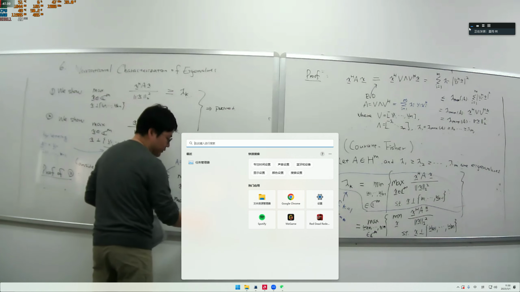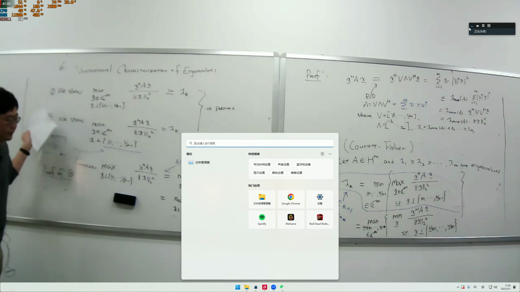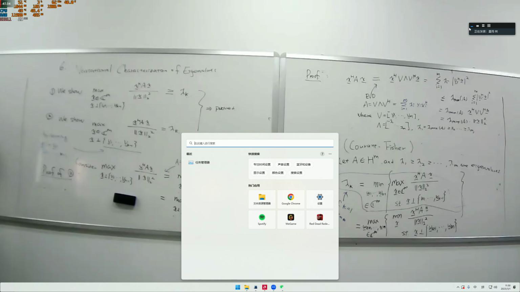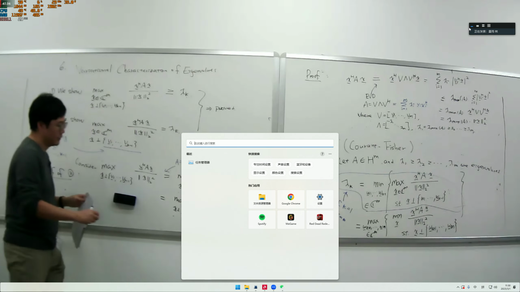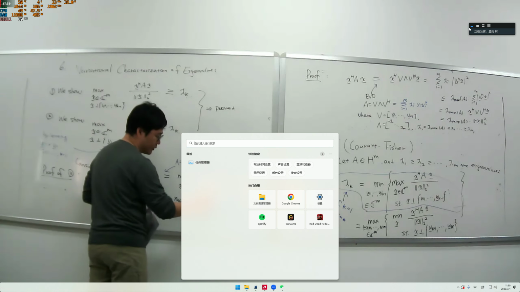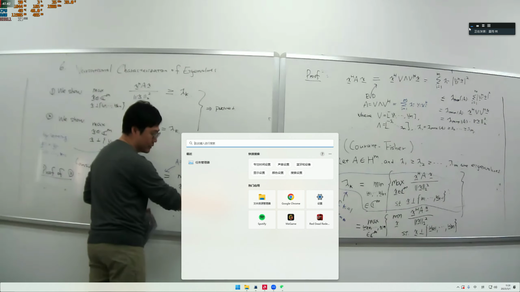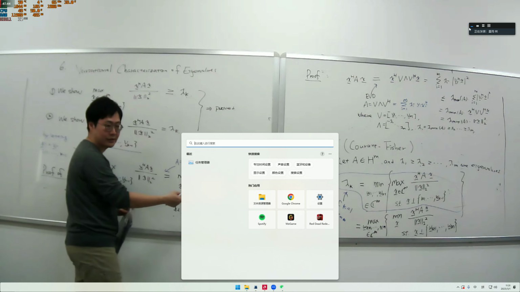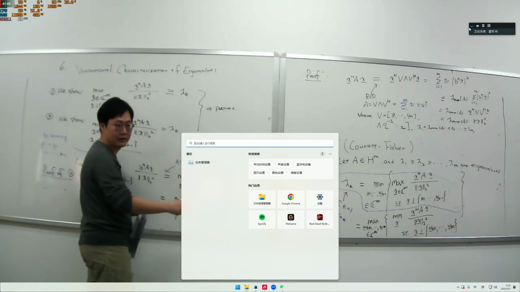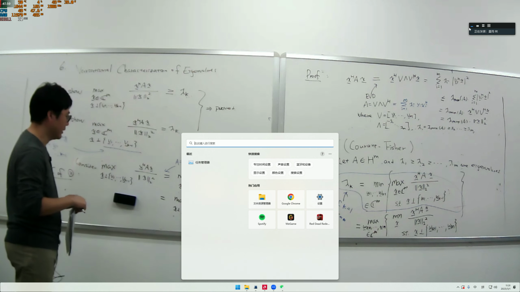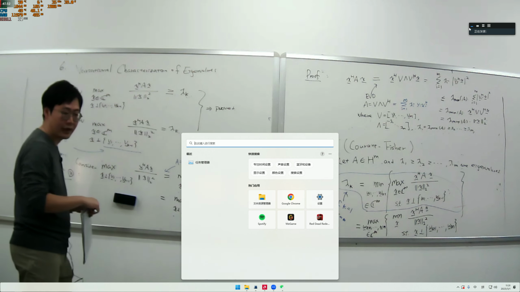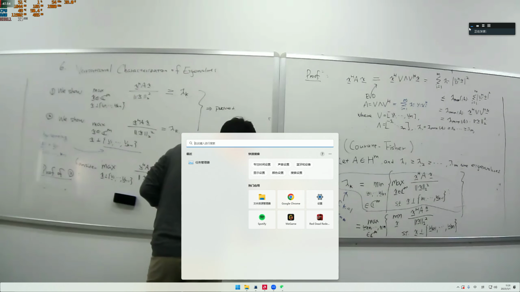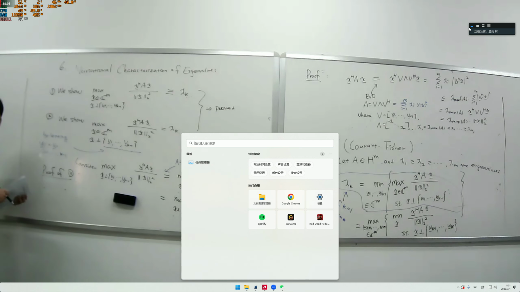What is the maximum value for this? By Rayleigh, because this is a quadratic form of a new matrix whose largest eigenvalue is lambda_k, this is equal to lambda_k.